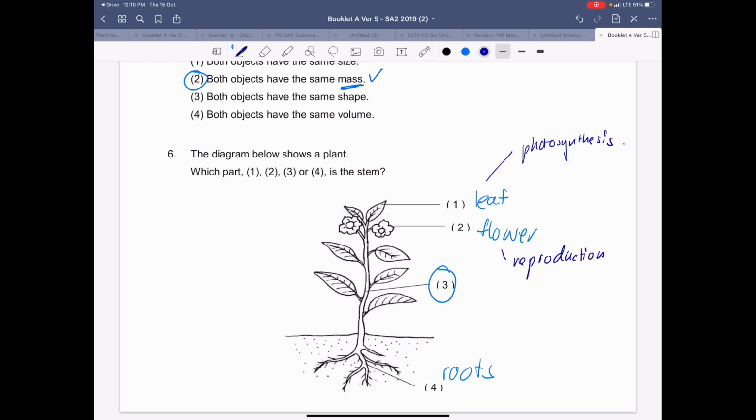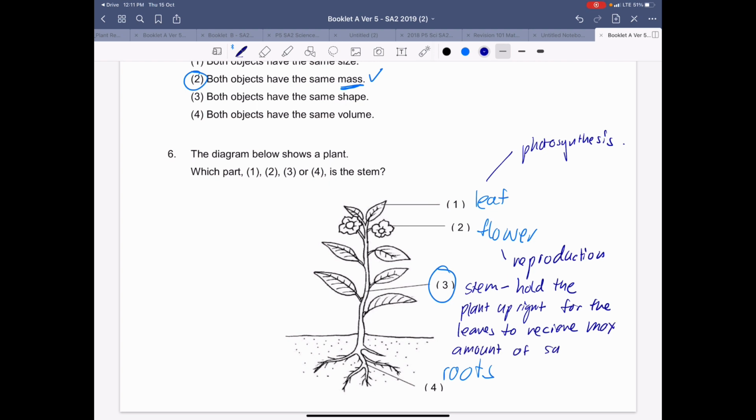Your stem is to hold, this is important, hold the plant or the leaves upright, for the leaves to receive maximum amount of sunlight. So this is very important.